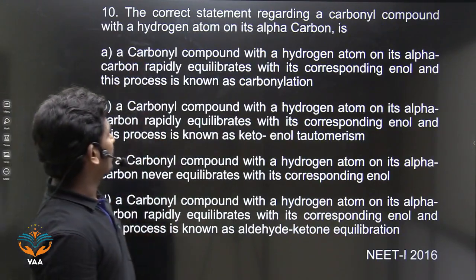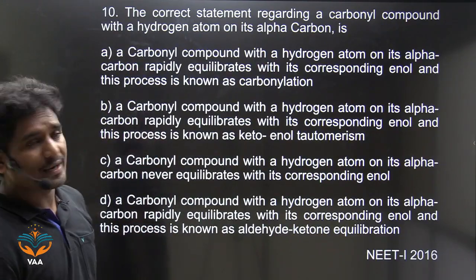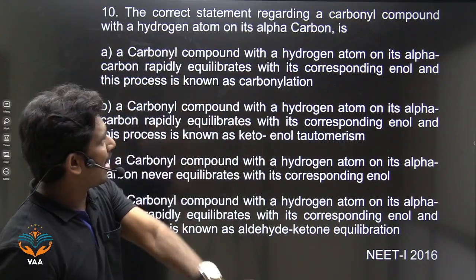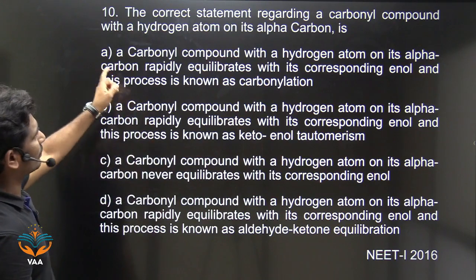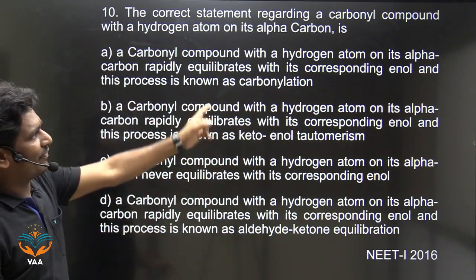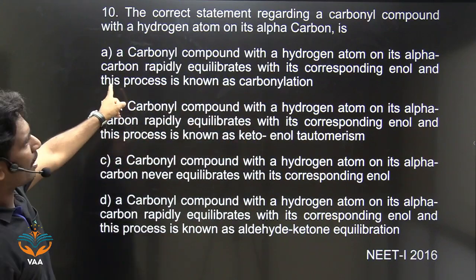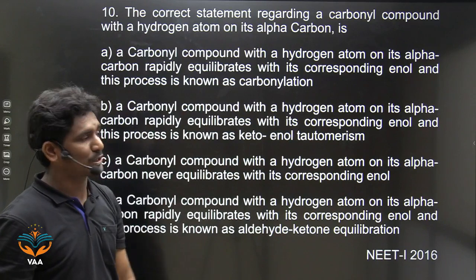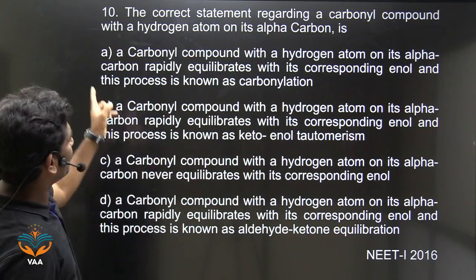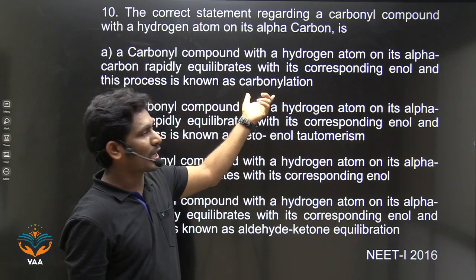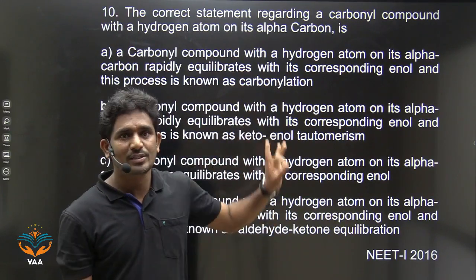Here, the correct statement regarding carbonyl compounds with a hydrogen atom on the alpha carbon atom is, देखो फटाफट, read करो. A carbonyl compound with an alpha hydrogen atom on its alpha carbon rapidly equilibrates with its corresponding enol, and this process is known as carbonylation. Can we call it carbonylation? No, it is not carbonylation.